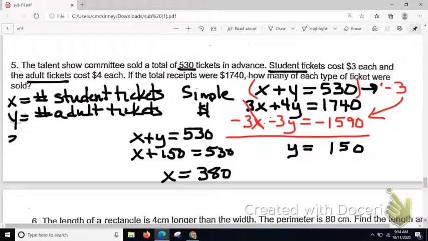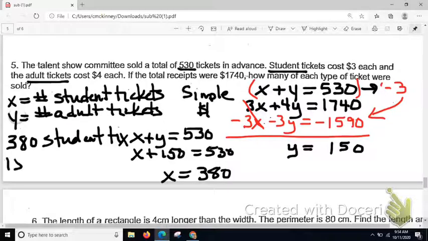So this would be 380 student tickets and 150, not 56, adult tickets. And if I did 380 times 3 plus 150 times 4, that should come up with the total money.